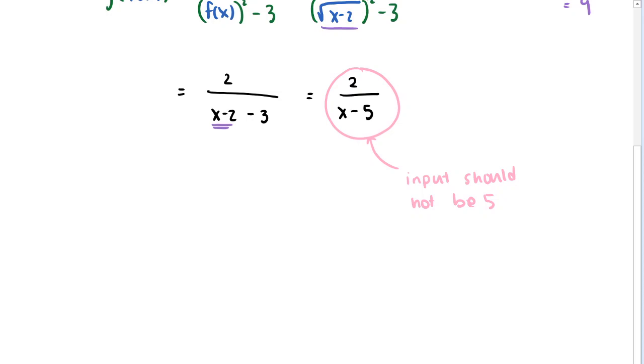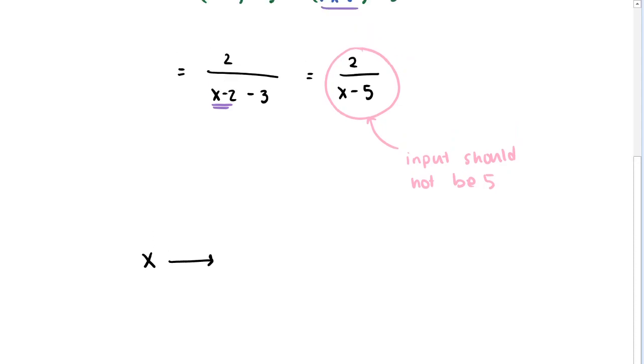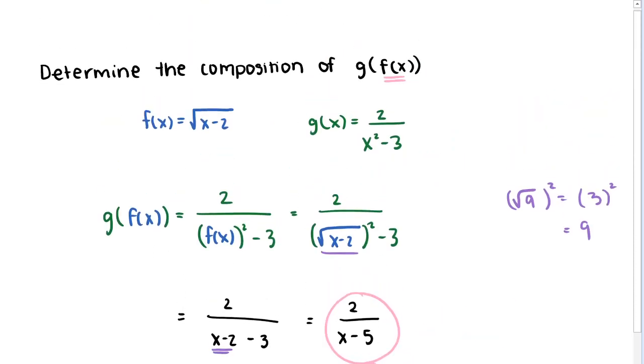But is there anything else that we should toss out? Well, this resulting expression doesn't tell us that, but actually there are other values we should remove from the domain for this composition. Maybe just to justify this a little bit, we can visualize the procedure as: I'm going to take my input value and plug it into, in this case, our input function was f, right?